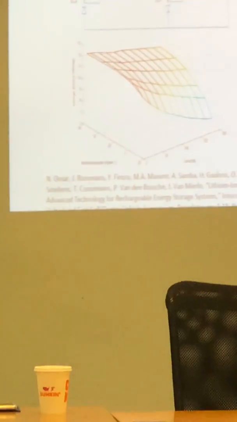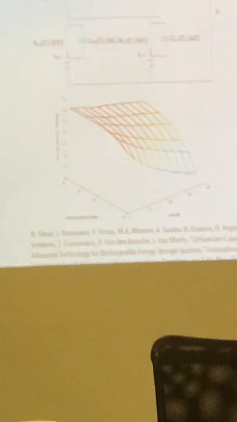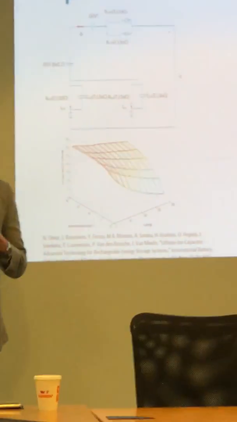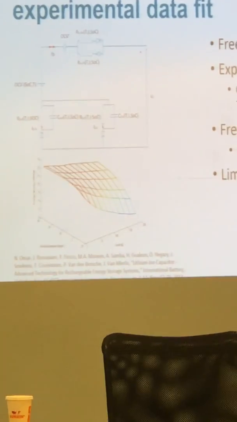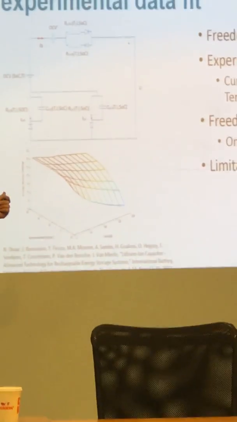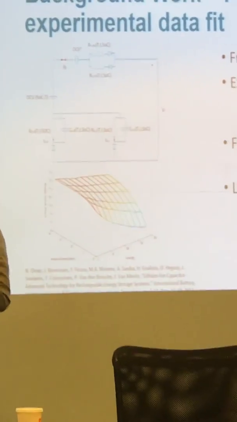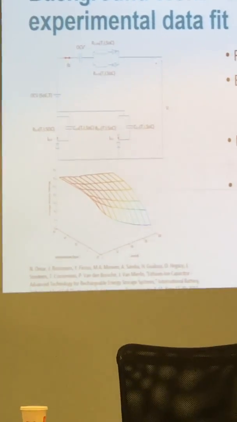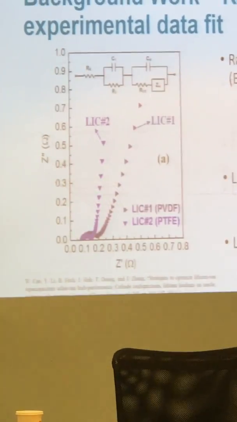At higher current, it ends up storing less energy. So all three of these factors balance with each other to tell you how the device is going to perform. But again, this is just an experimental data fit. It's not predictive at all.